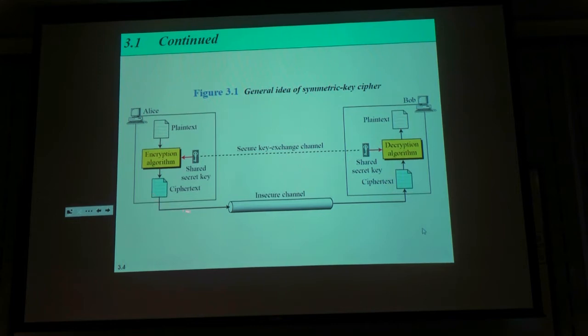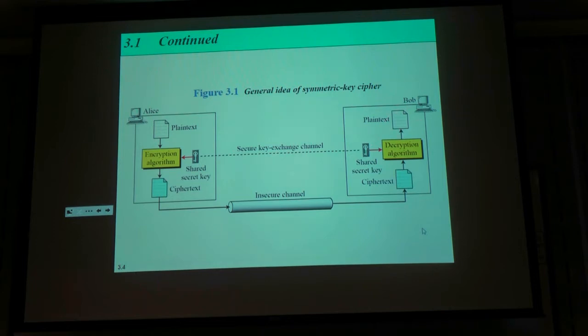It will be transmitted over an insecure channel. That means anybody could snoop, anybody could do traffic analysis, anybody could try to break the key and get the data. When it's received here, you receive the ciphertext. You pass it through the decryption algorithm, which reverses the encryption algorithm, using the same key, and then you get your plain text.